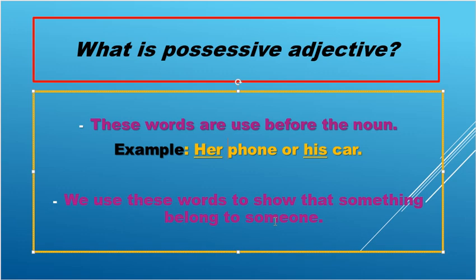When we say belong, that means owned by someone. Who is that someone? Of course, maybe a boy, a girl, you, me, or an animal like a dog or a cat. So that is the use of possessive adjectives.